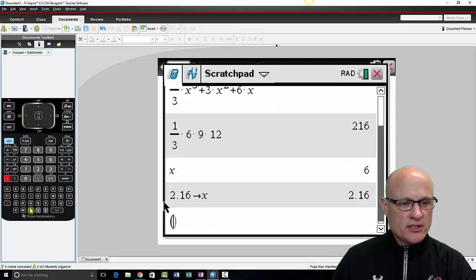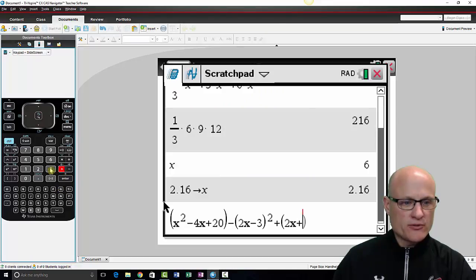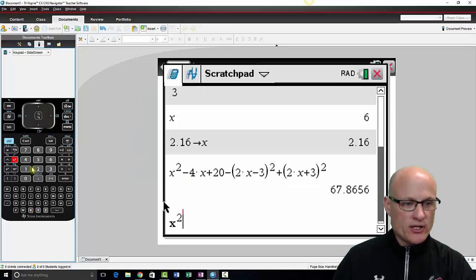Parenthesis, x squared minus 4x plus 20, parenthesis, minus, parenthesis, 2x minus 3, parenthesis, squared, plus, parenthesis, 2x plus 3 squared. Enter. Weird answer. x squared plus 20x plus 20.